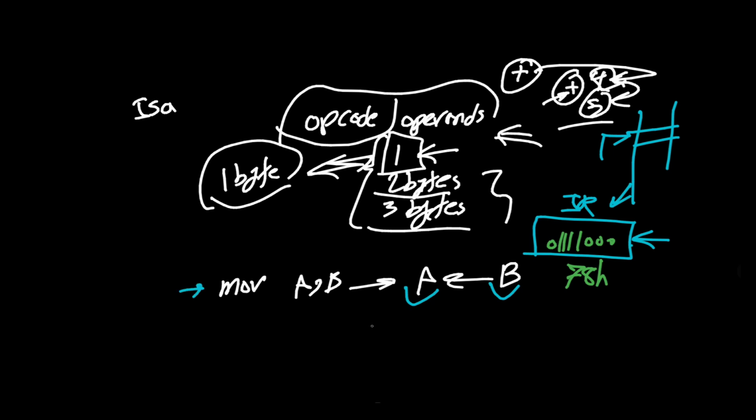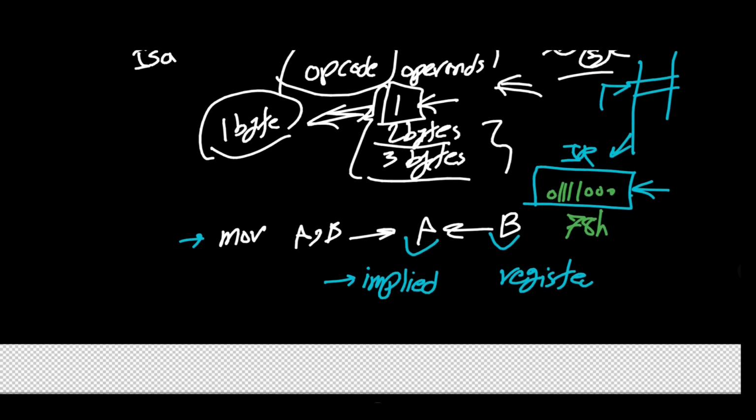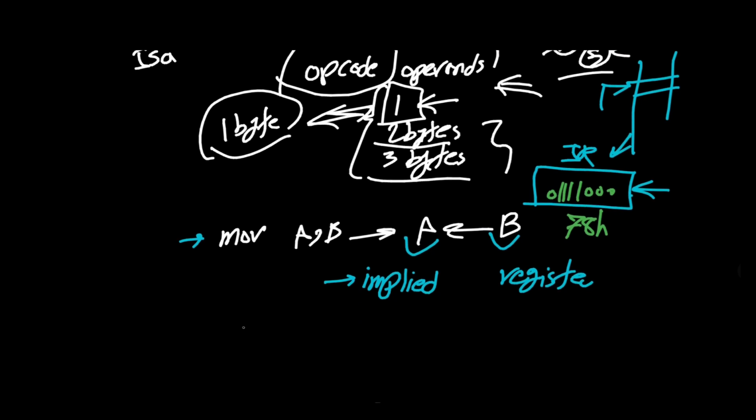Even though it seems like this is the implied addressing mode of instructions, this is called the register mode. The implied mode would be a better name for this, but actually the implied mode is for another instruction in the 8085.